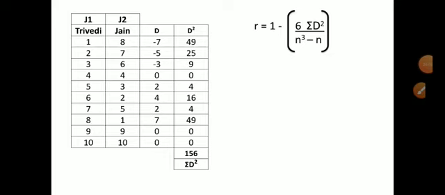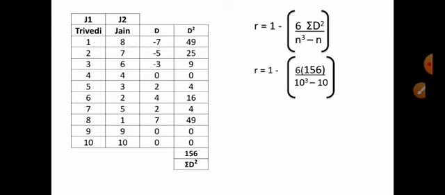Once again we'll repeat the formula, that is r is equal to 1 minus 6 summation d square divided by n cube minus n. That is 1 minus 6 summation d square value is 156 divided by, we are getting 10 ranks, that's why 10 cube minus 10.